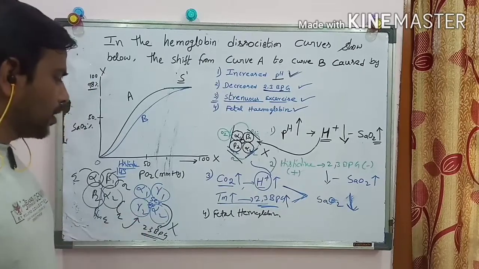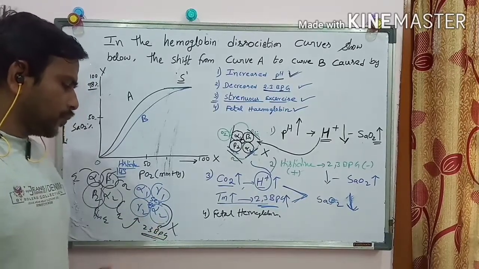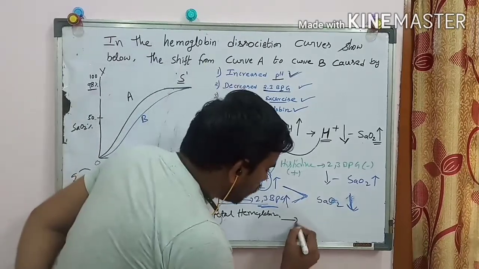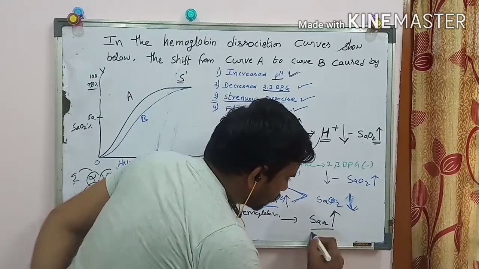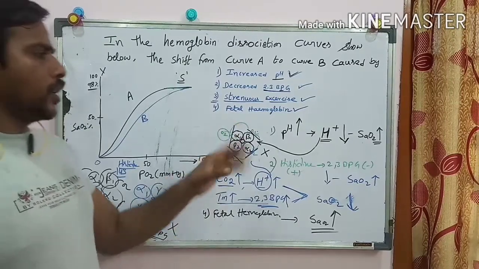These gamma subunits cannot be affected by the high concentration of 2,3-BPG. Now, when fetal hemoglobin is present, the saturation of O2 increases. Saturation of O2 increases. Now you see the four options.